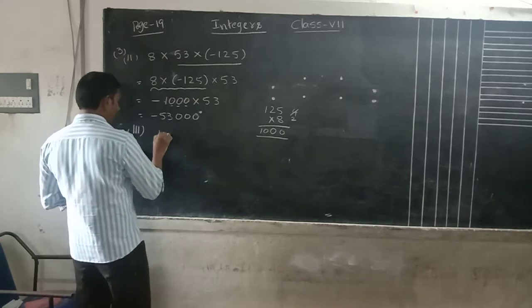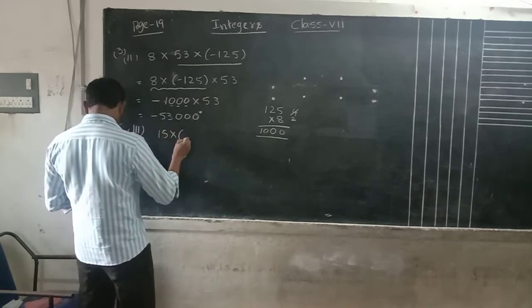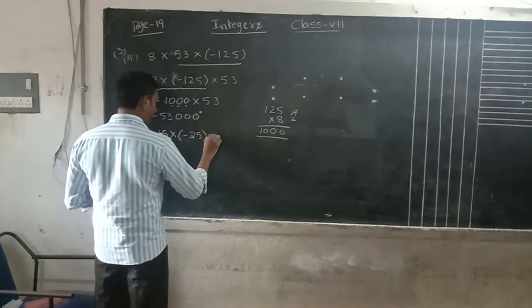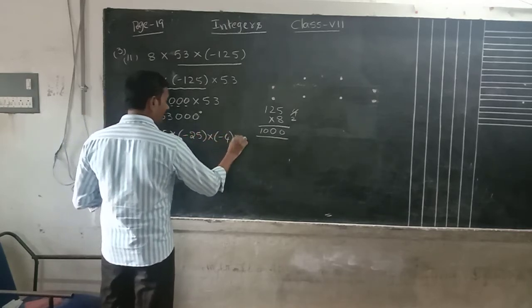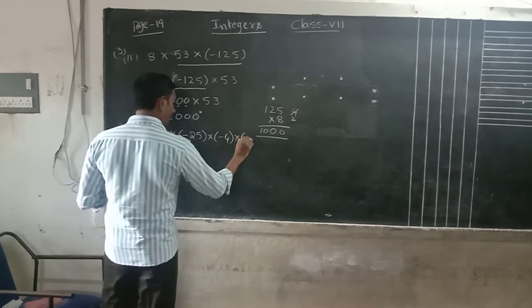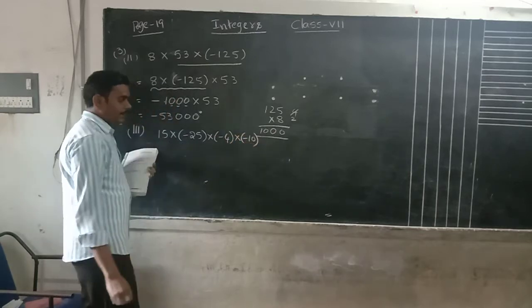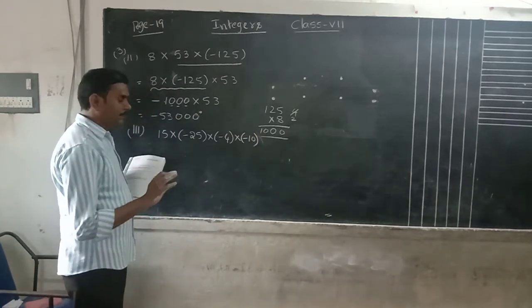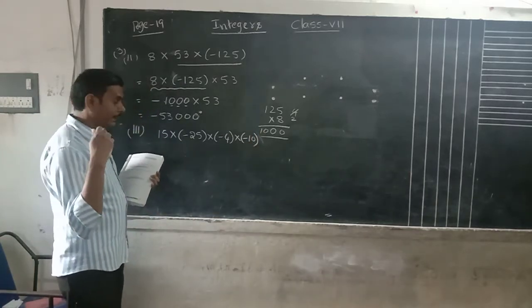Second question: 15 multiplied by minus 25 multiplied by minus 4 multiplied by minus 10. Now you can multiply any one, but first just check whether zeros are coming or not.